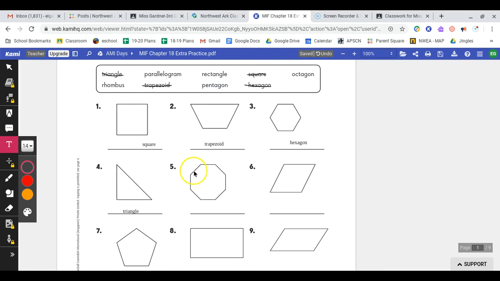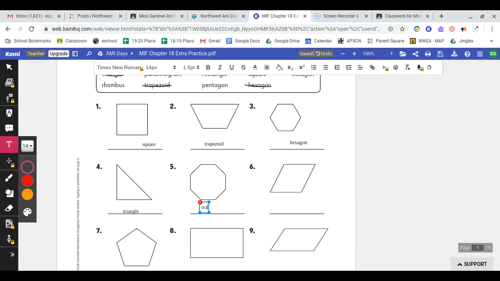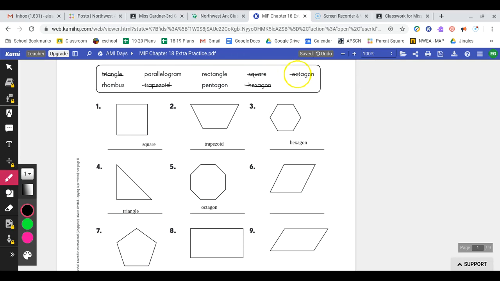So this shape has 1, 2, 3, 4, 5, 6, 7, 8 sides. Which of these names is an 8-sided shape? It's an octagon. Okay, and then we'll draw a line through.